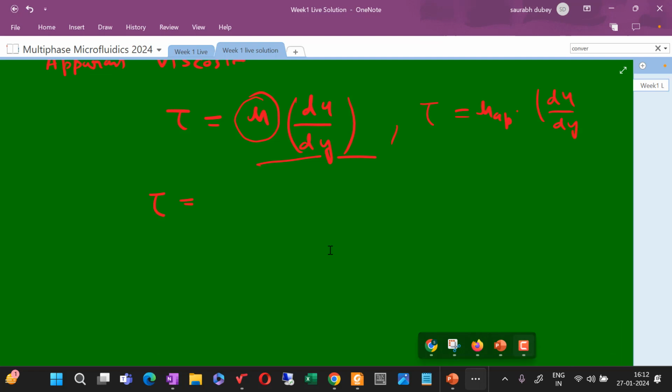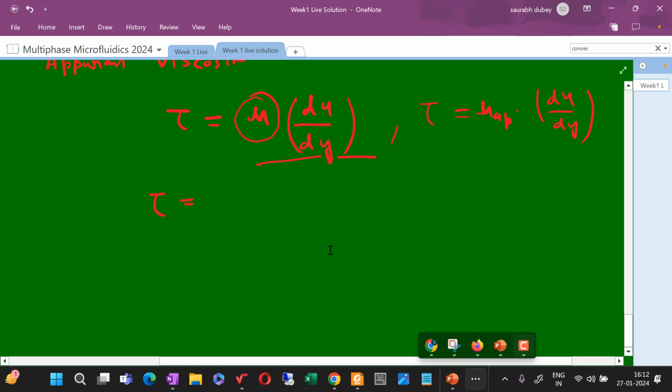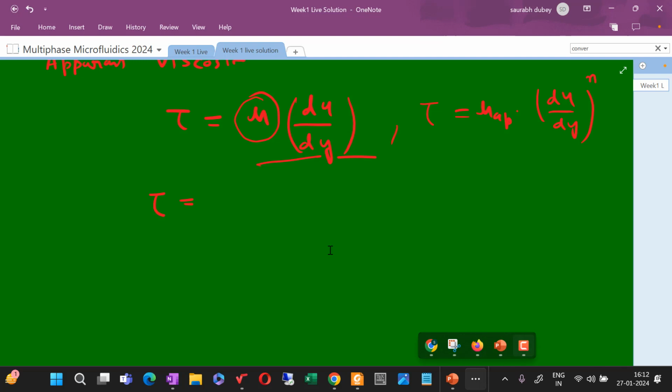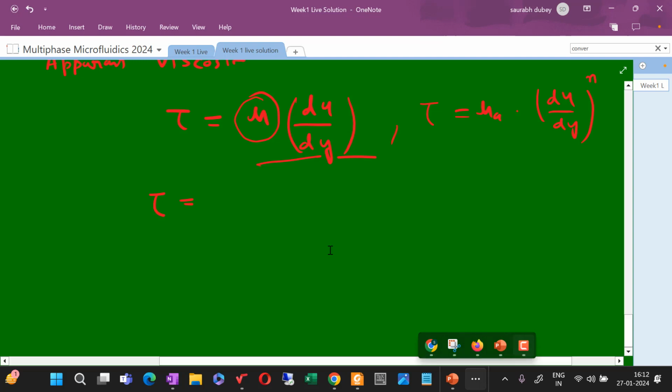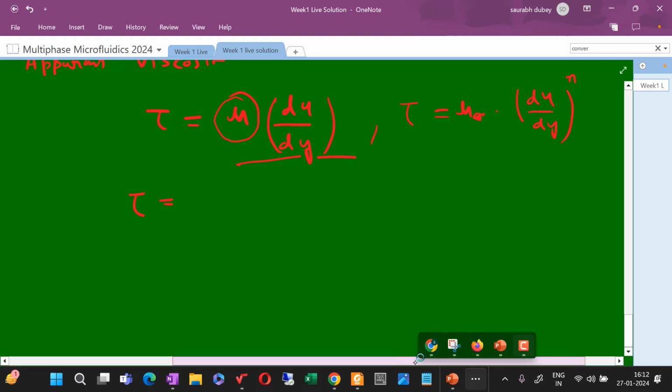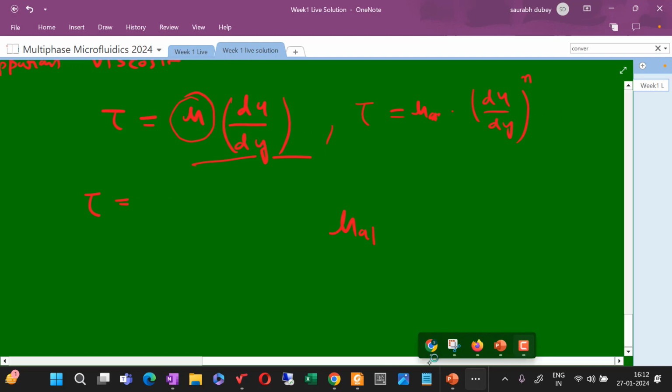That means tau equals mu times du by dy to the power n, so the formula for mu apparent is mu times du by dy to the power n minus 1. N is a constant.